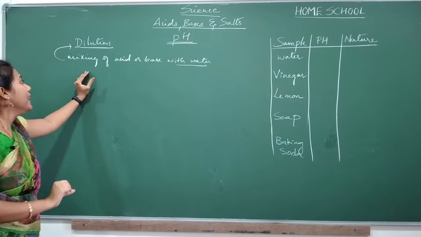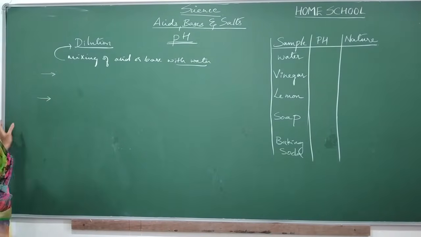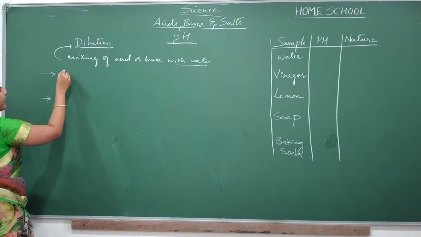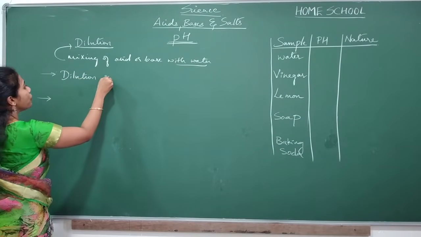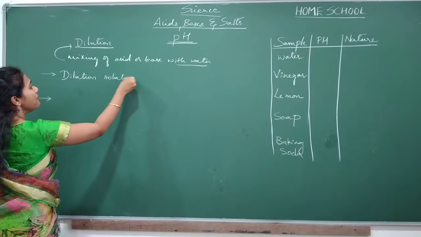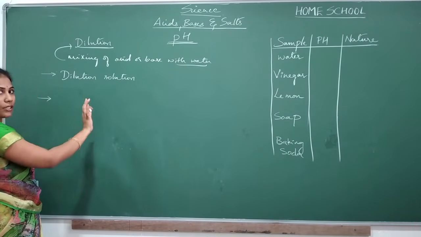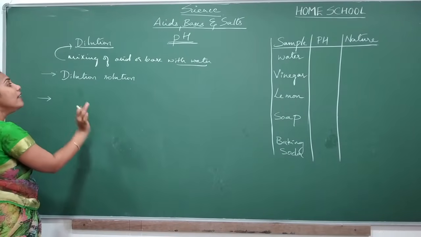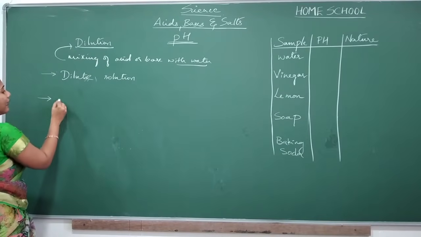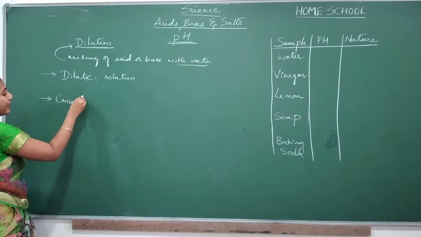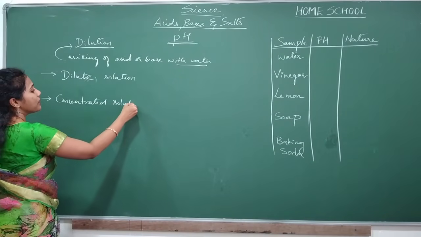Isn't it? Okay. And now try to remember there are two types of solutions. One is dilute solution. Solution may be of anything. It may be an acid solution or a basic solution. Whatever may be the solution, you have two types. One is dilute solution and another one is concentrated solution.